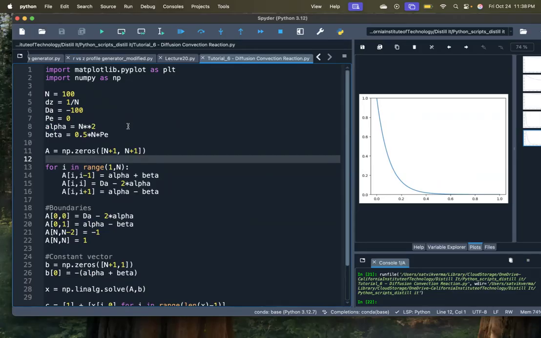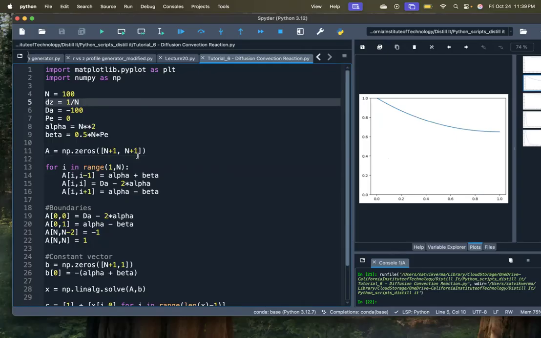I think you will be able to appreciate this problem a lot more if you have taken a course on transport phenomena. We will definitely do more transport phenomena in our channel. But for now, we've not covered transport. So this is a very good problem in transport, the diffusion-convection-reaction model. But basically, this is the idea over here.